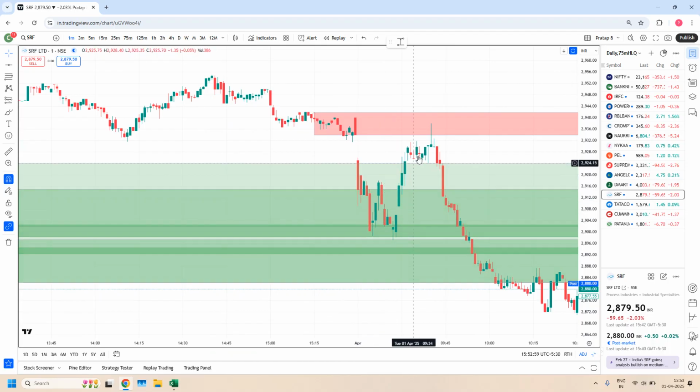Okay, but anyway, it reached the 15 minutes target. From our statistics point of view, the first priority we always give is whether it reached the 15 minutes target or not. Because many of the high liquidity zones reach the 15 minutes target. Few will miss reaching it. Those few stocks either give you 1:5 RR or 1:3 RR.